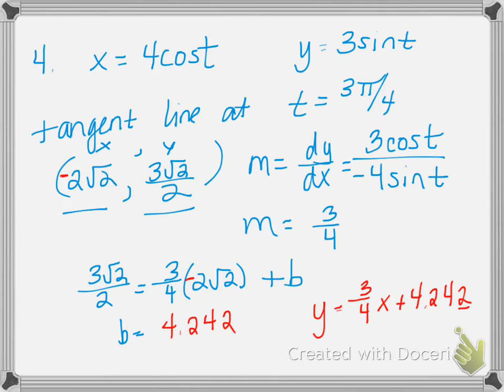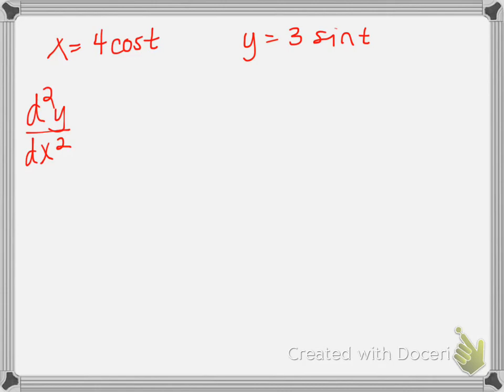Now, just so I can show you another example, let's continue to use this same x and y, and I want to show you how you would find the second derivative. We already figured out that dy dx was 3 cosine of t over -4 sine of t.